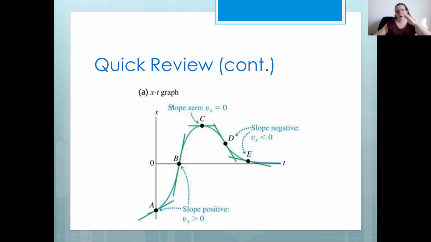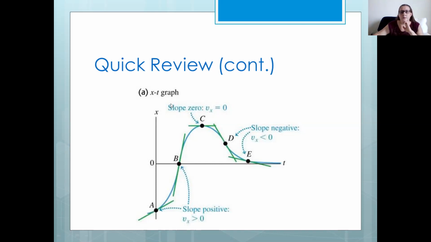At A, it's a little bit shallower, and at B, it's steeper. So that means it's moving faster at B. At the top, the tangent line is flat, so the velocity is 0. The slope of a flat line is 0. And then the velocity is negative because the slope is negative and still negative.